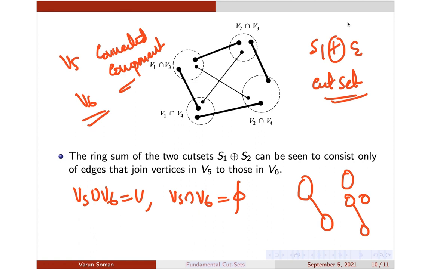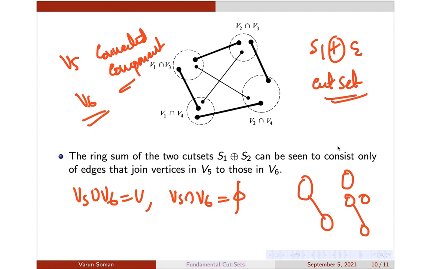So this happens only if either your V5 or V6 is again disconnected. Suppose your V5 and V6 are not disconnected, that means removal of S1 ring sum S2 will disconnect the graph into two, V5 and V6. And suppose V5 and V6 are connected components, that means S1 ring sum S2 is the minimal set which can disconnect the graph into V5 and V6.